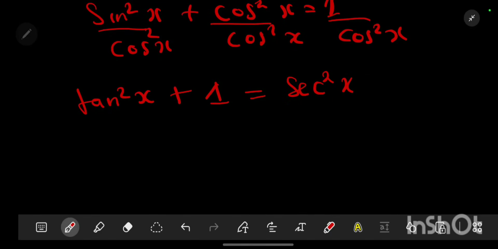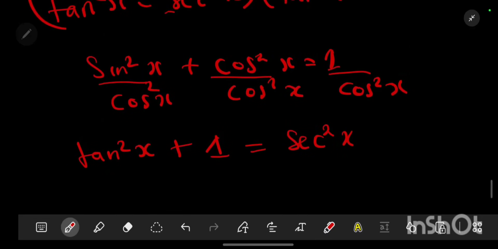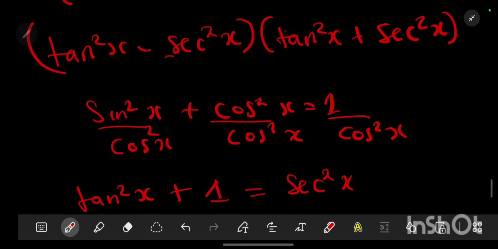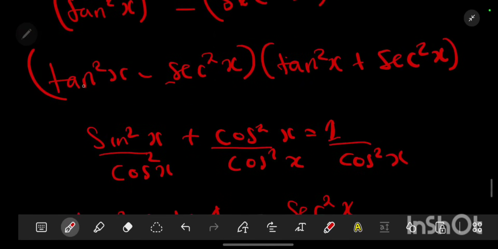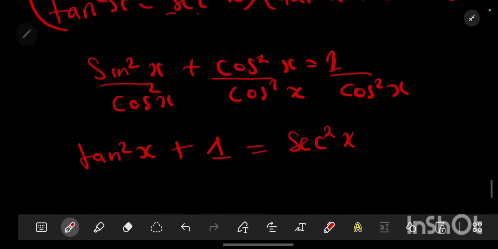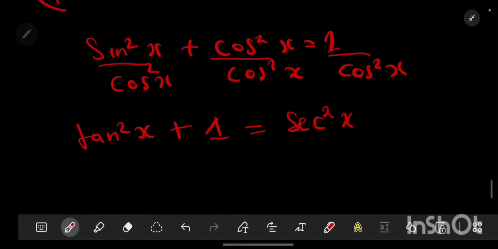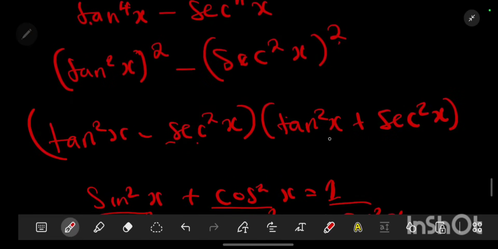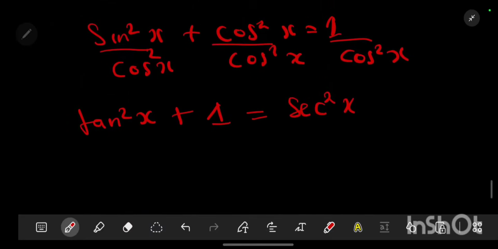done, we are going to have our value. Already, tan squared theta minus sec squared theta is the one that will be equal to -1. So tan squared theta plus sec squared theta cannot be produced directly.